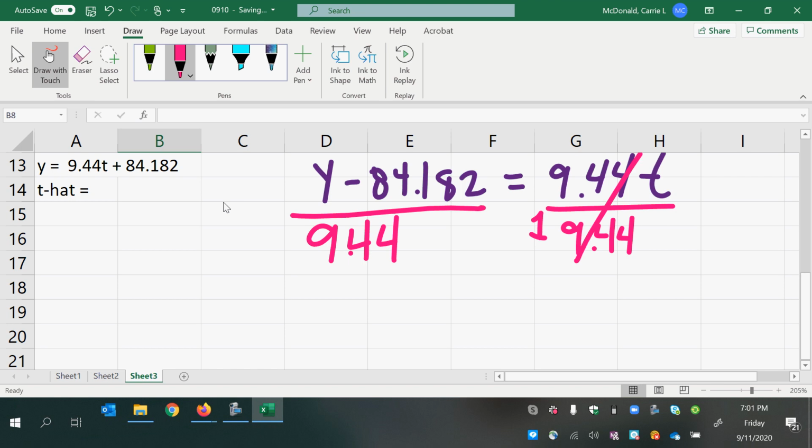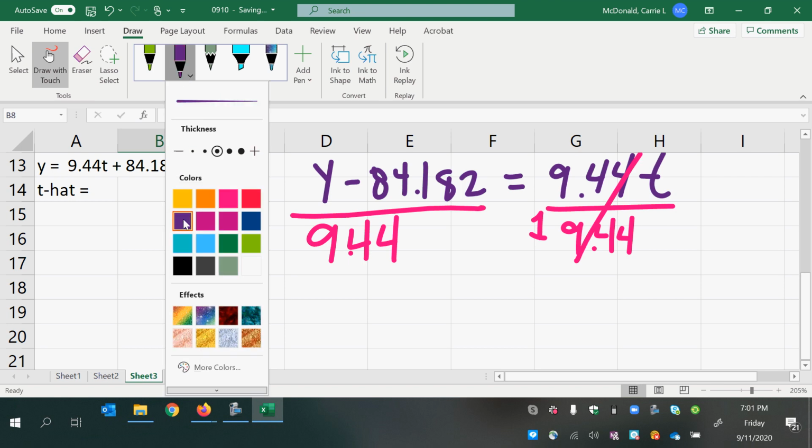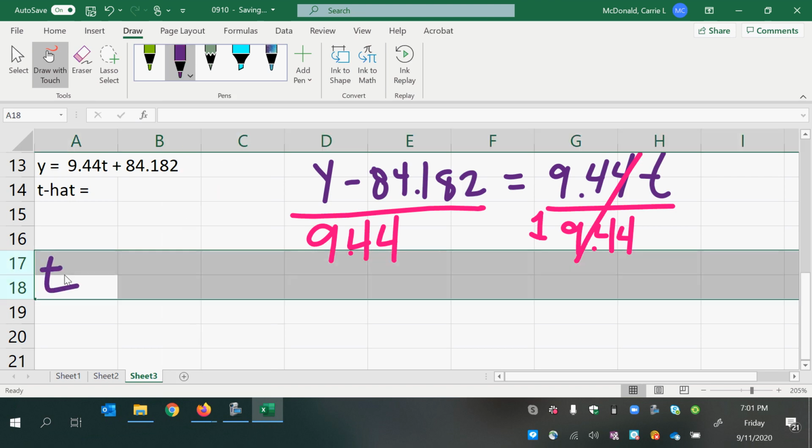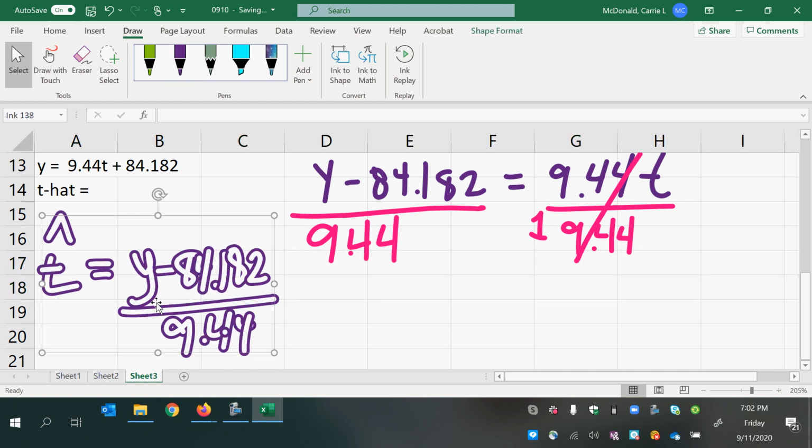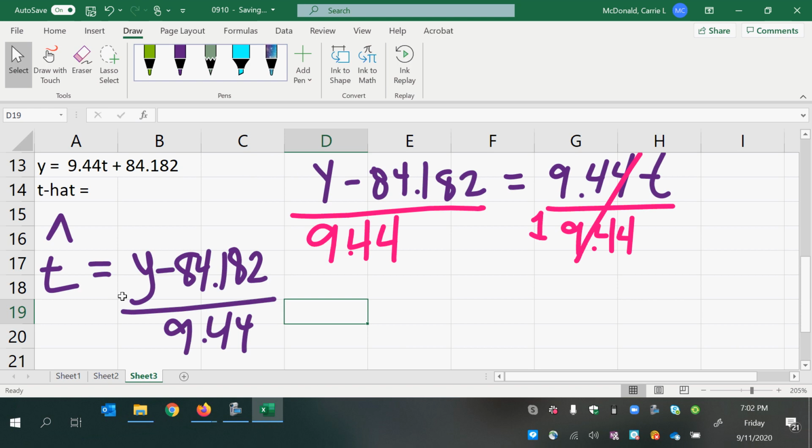And so now we have t hat is y minus 84.182, divided by 9.44. Okay, so now we can take that and plug in a number of billions of dollars for y and come up with our estimated number of years.